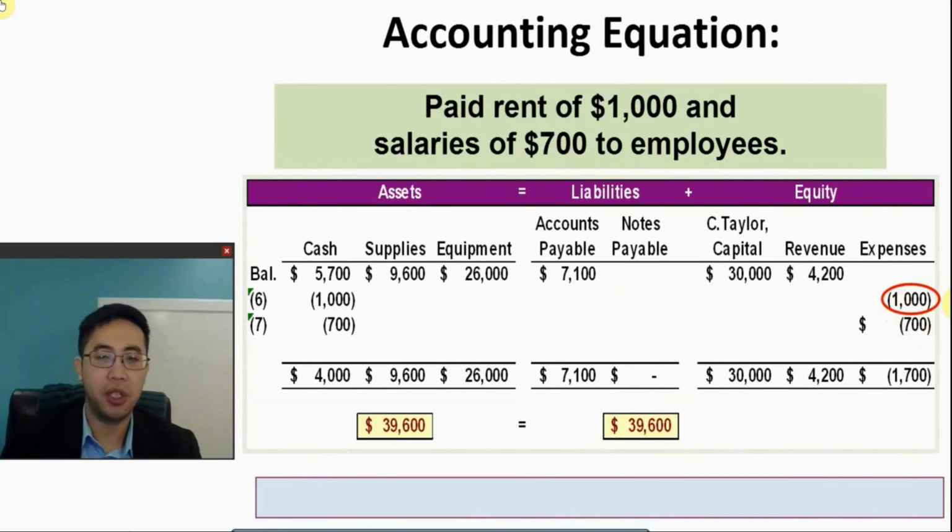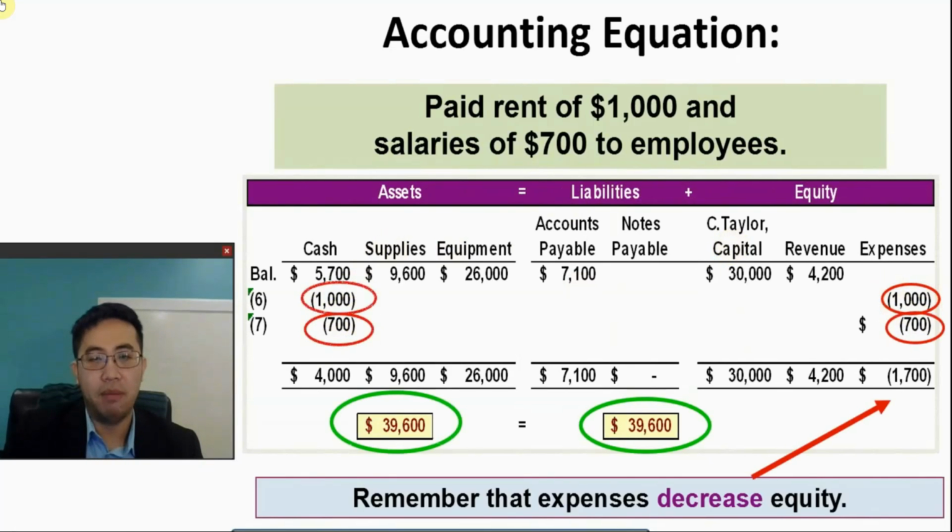When you put them together, that's $1,700 of expenses. On the left-hand side, your cash got reduced by $1,700, combining the two activities. That makes your whole balance reduced by 1,700 on both sides, since expenses are deducted from equity. That actually makes your equity smaller.